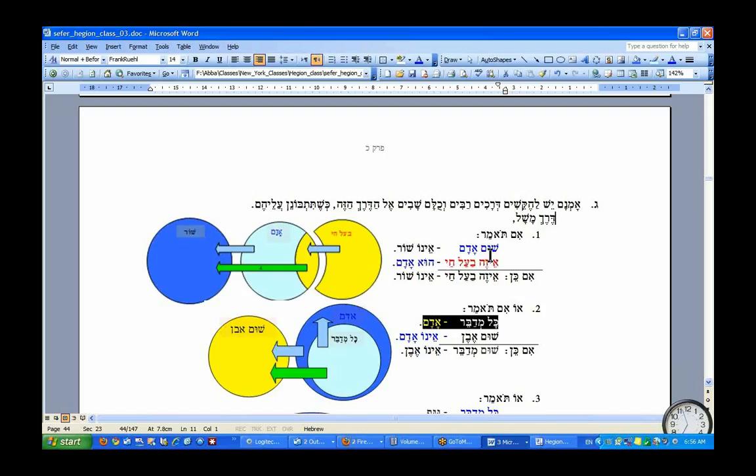But what I'm trying to point out here, equally important, is where is the inclusion? In the first statement we say Eza Baal Chai Hu Adam. So we had our subject Adam, the light blue subject Adam, and we included some Baal Chai in it, correct? So the inclusion was in the subject.